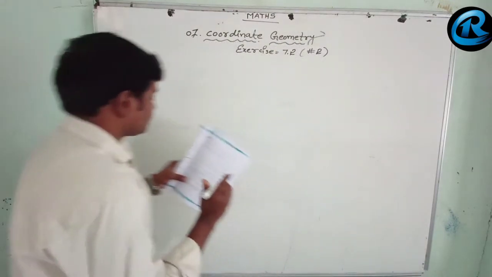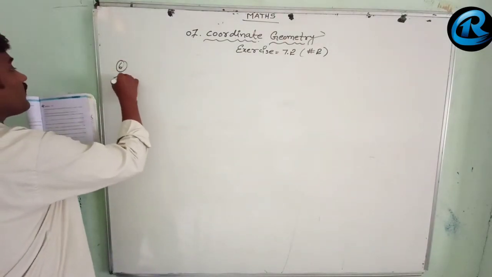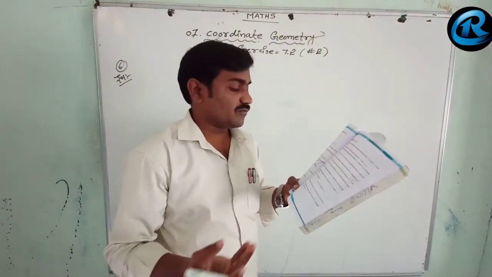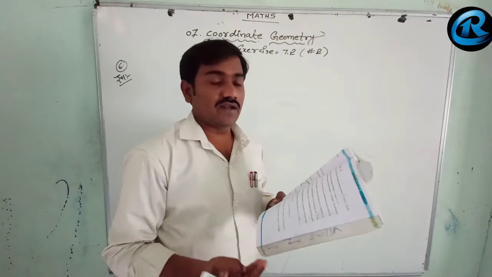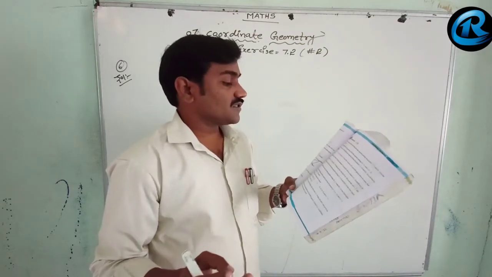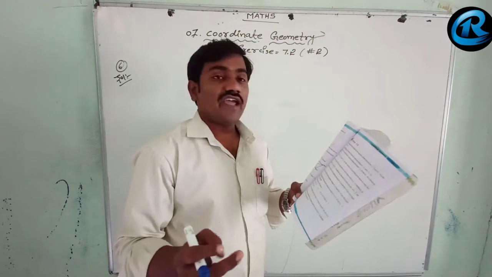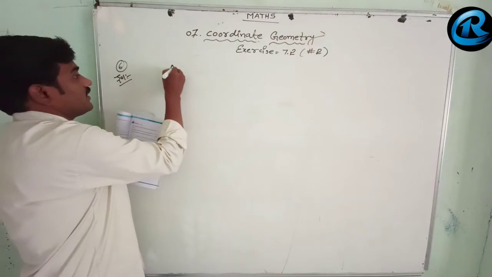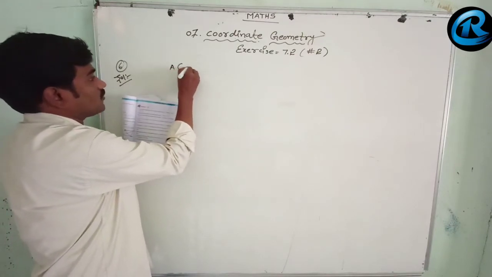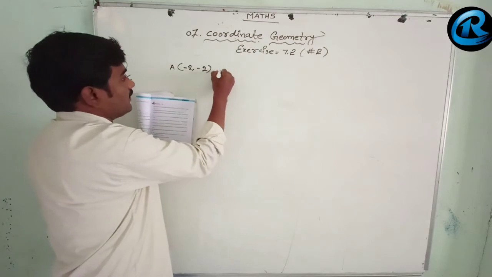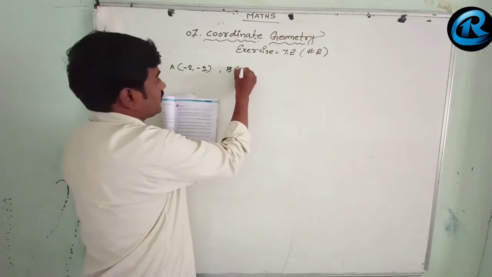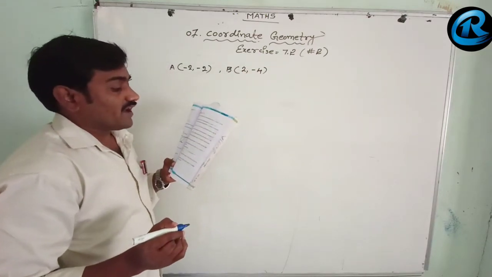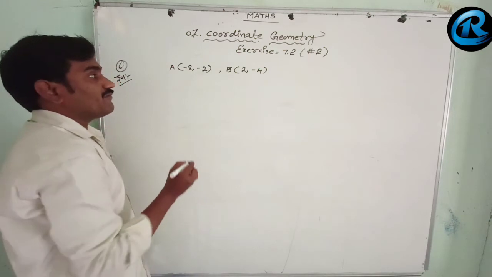Let us go to the 6th question now. Here we use the section formula, sometimes the midpoint formula and centroid formulas. In the 6th one, A and B are given: A is (-2, -2) and B is (2, -4).